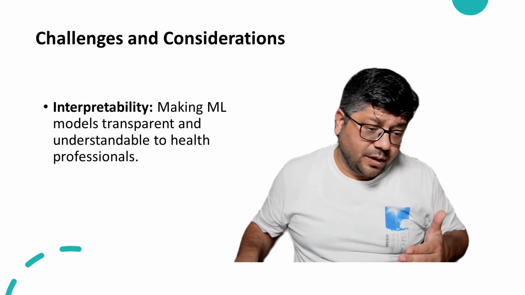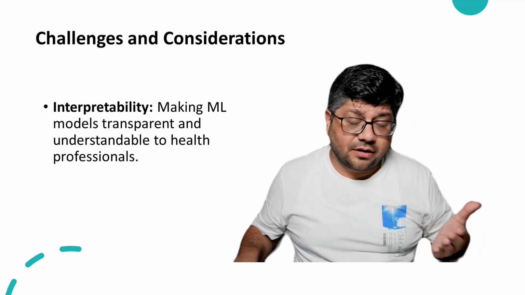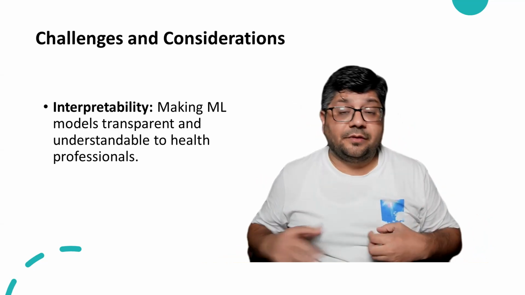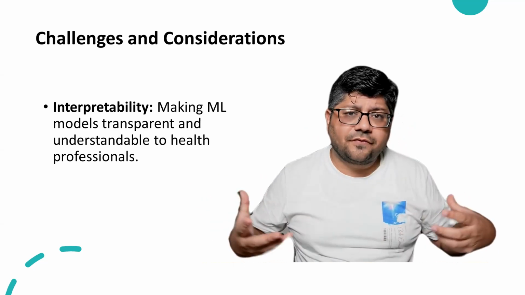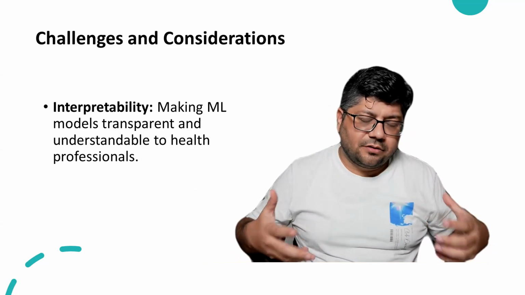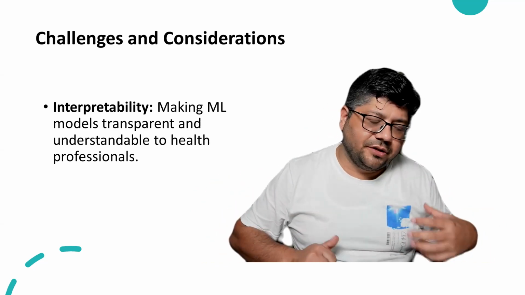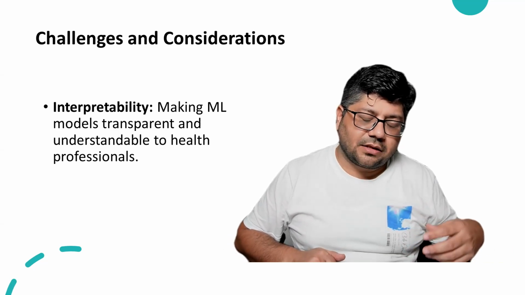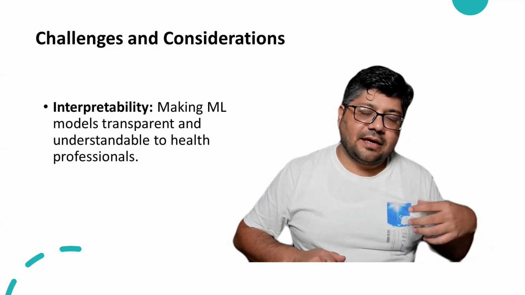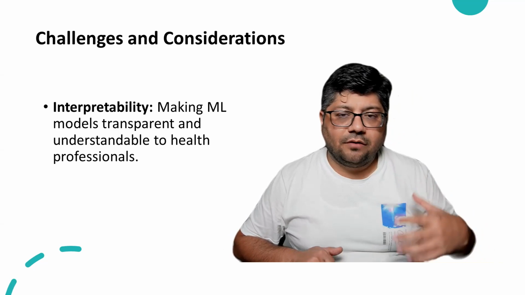We intend to make machine learning models that are transparent and understandable to the practitioners, which means that they're interpretable. Now you have to identify models which are interpretable to health professionals, and this goes both ways. For example, machine learning engineers would want to make models which increase accuracy, but at the same time, they would want to recommend models which are interpretable.